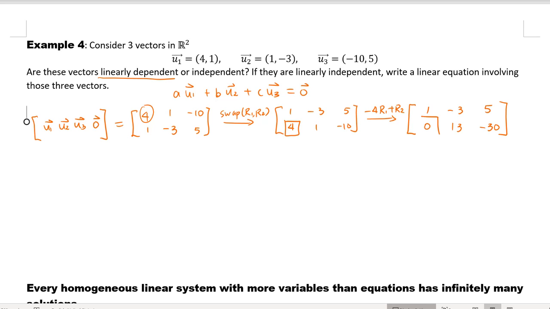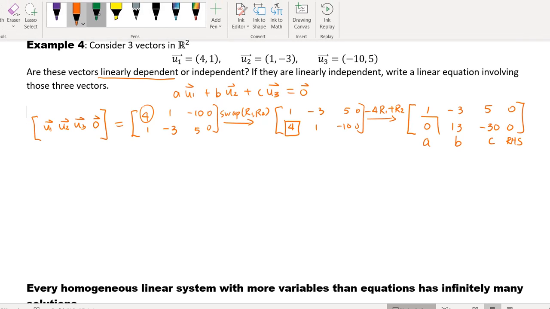Okay, good. Now we're in the echelon form. So the first row, oh, I almost forgot, there is the 0 vector on the right hand side, right? Now the first row corresponds to the coefficients of A, B, C, and the right hand side. Now for the last row, can you see what happened?